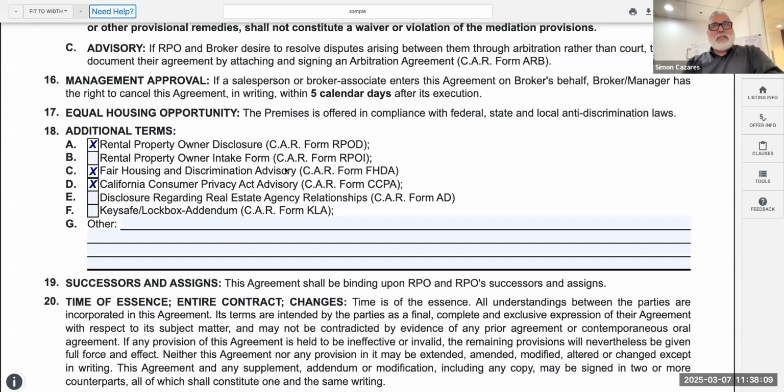Basically, this is why we have compliance. And compliance means that if there's anything that looks a little strange, they will bring it to our attention. And if I see that there's something that may be a potential liability, potential lawsuit, or discriminatory, then I have the right to cancel the agreement under the company.